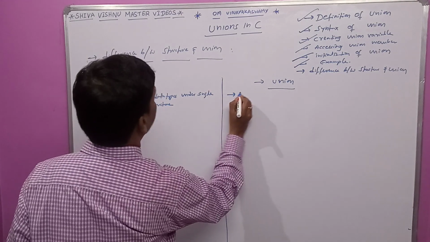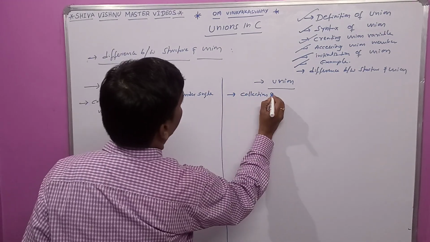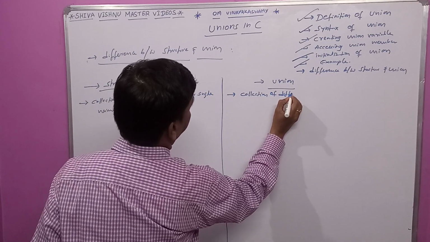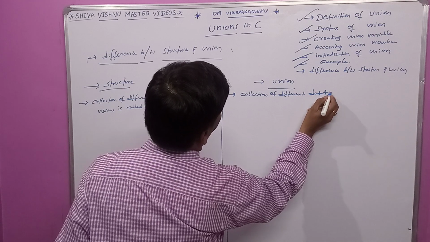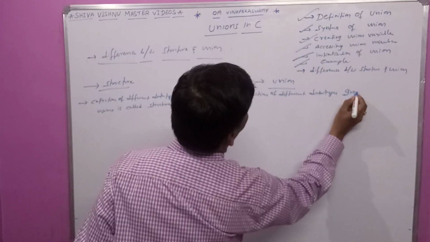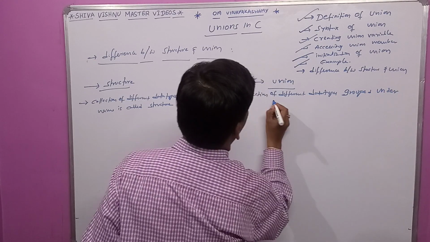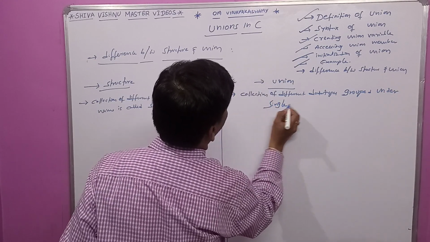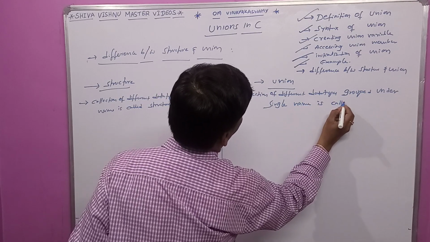Here also the definition is a collection of different data types grouped under a single name, called a union.